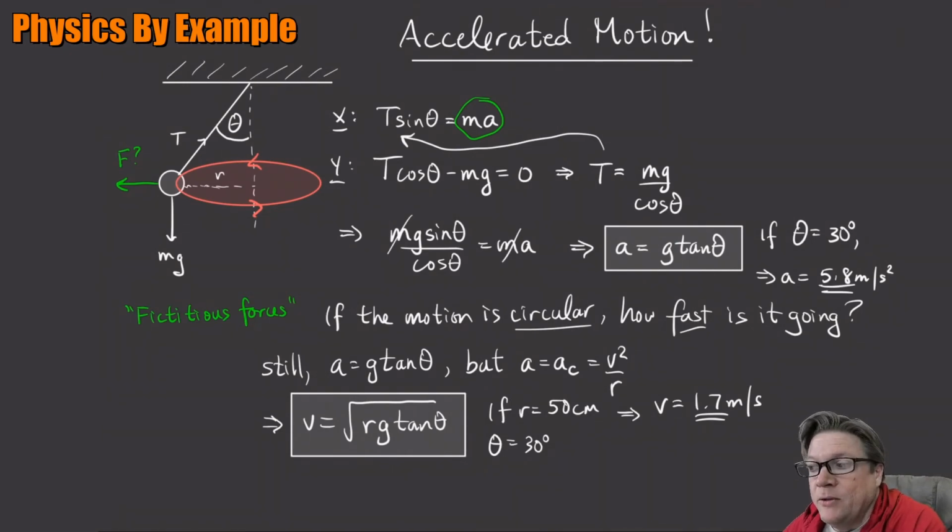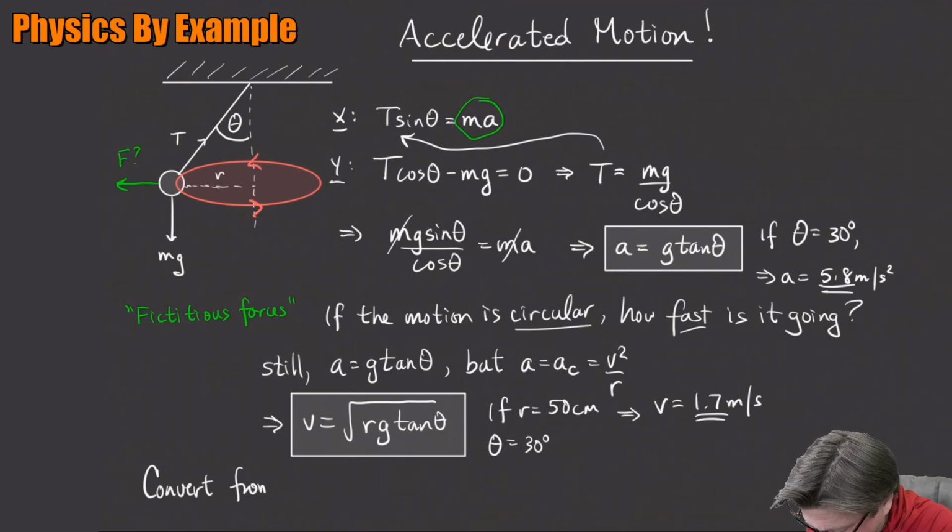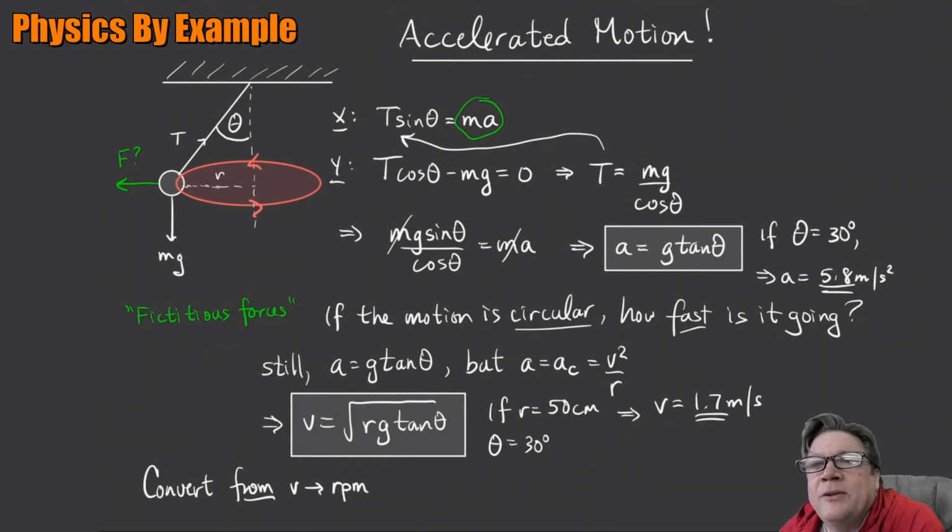And then the one other thing that we'll do, because we'll use this as we go along, is converting from a speed around a circle to a measure that we use more often, RPM, revolutions per minute.